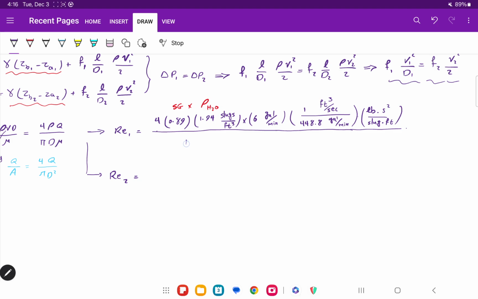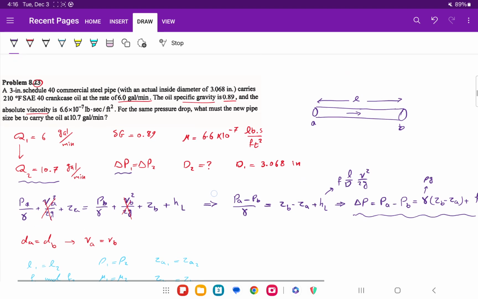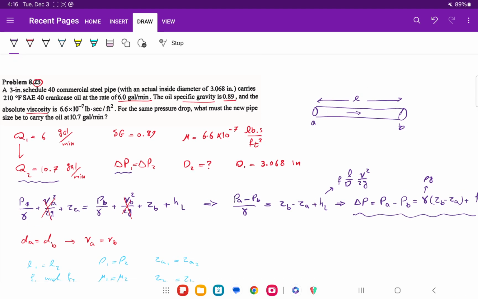And here we have pi diameter d1. We have that 3.068 over 12 feet, and mu 6.6 times 10 to the minus 7 pounds second per inch square. So it was an inch square or feet square. So it should be in inch square.